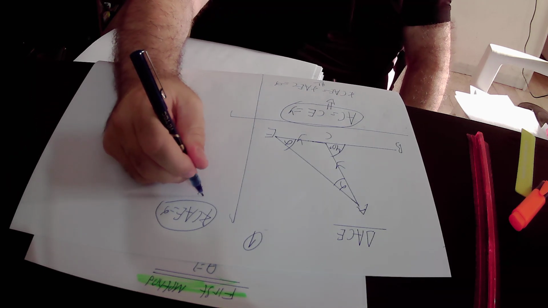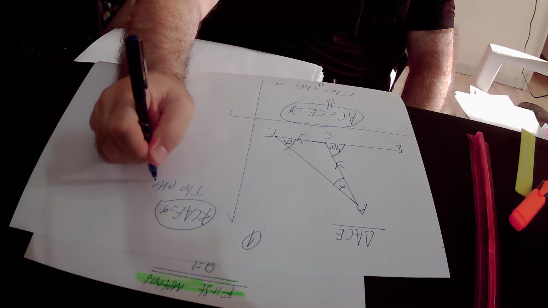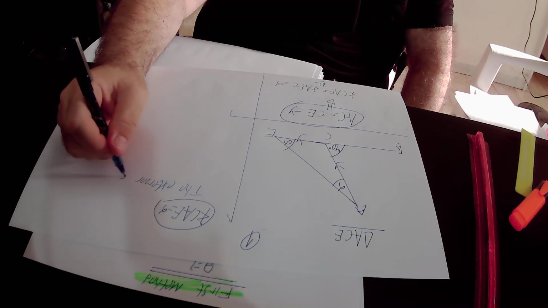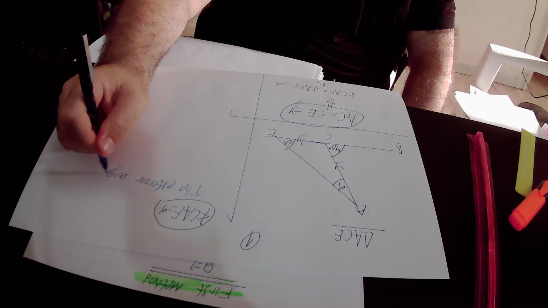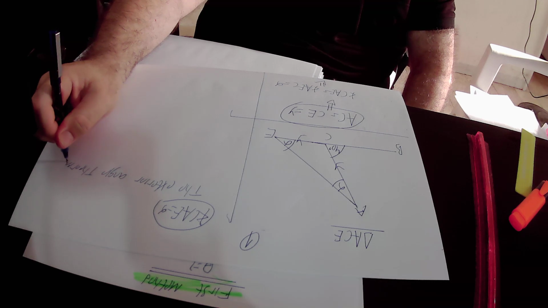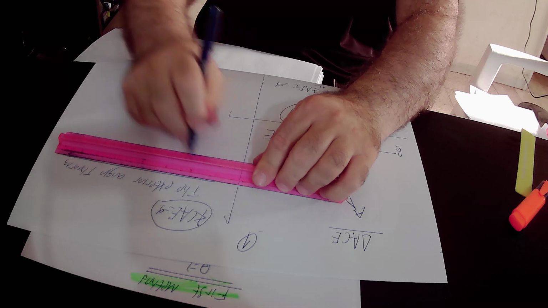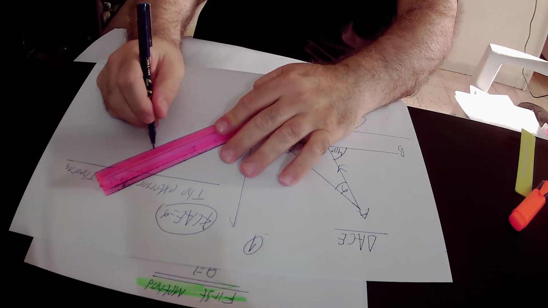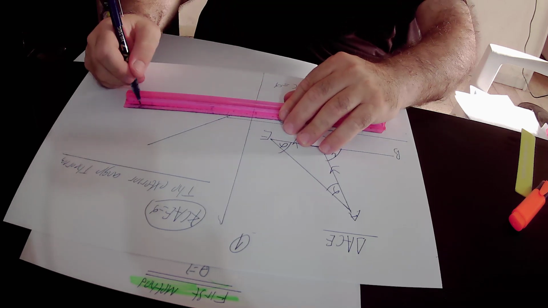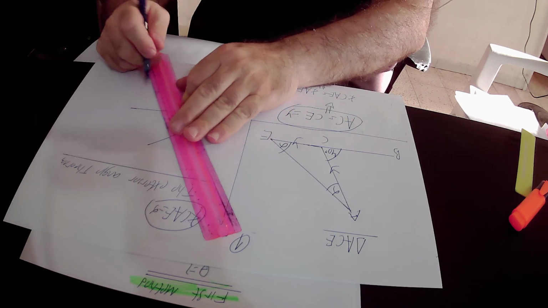So what is the exterior angle theorem? The exterior angle theorem is true in any triangle. Here we have triangle ABC, which could be any triangle.